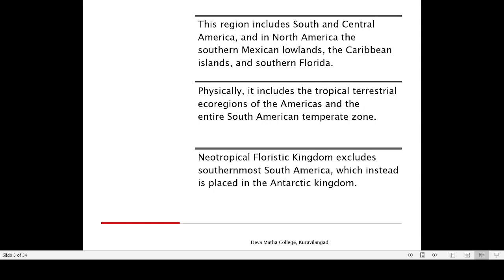And most of the time, this floristic kingdom and geographical realms are somewhat similar. But in the case of this South America, the southernmost tip of South America is actually placed by floristic botanists or plant taxonomists in the Antarctic kingdom.